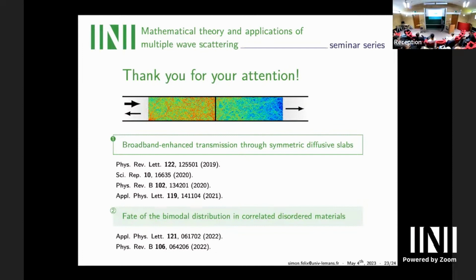Okay, barrier, symmetry. Barrier again. What I know is that for two half slabs being symmetric, I have no effect on this. What I really need is typically if I do transmission between the disordered medium and the same being symmetric, but without a barrier, then I have no effect.